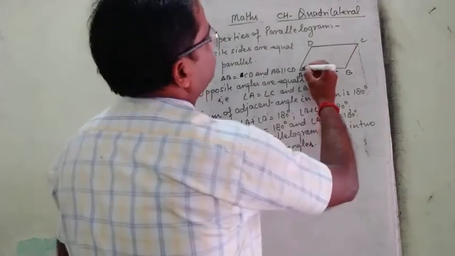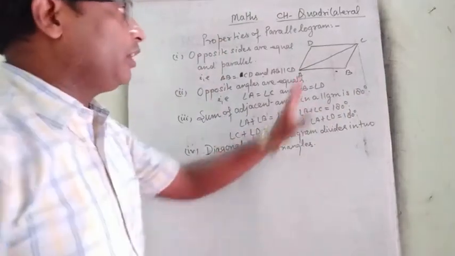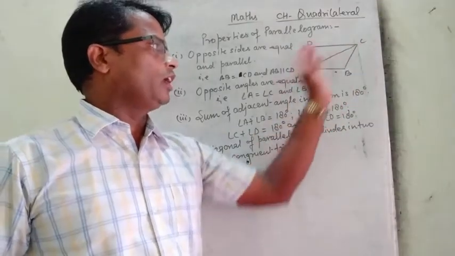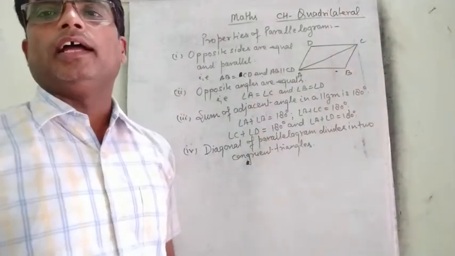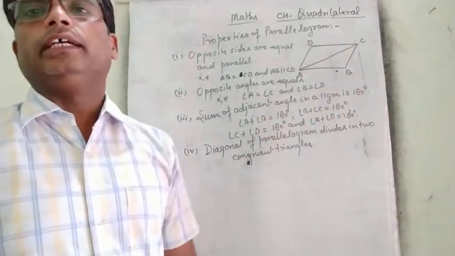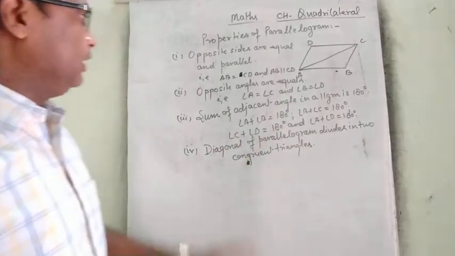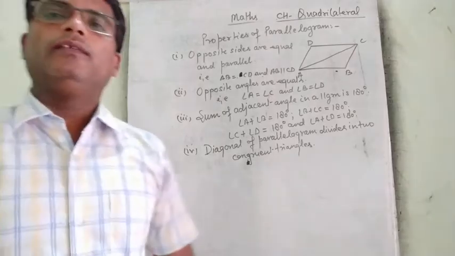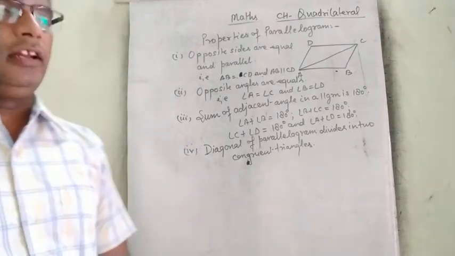You see here, if we join AC, then what happened? This parallelogram divides into triangles. First triangle is ABC and second triangle is ACD. Clear all of you? This is the property of a parallelogram.